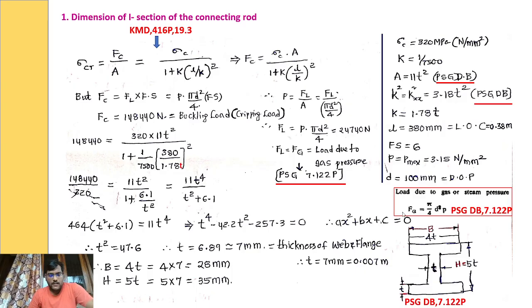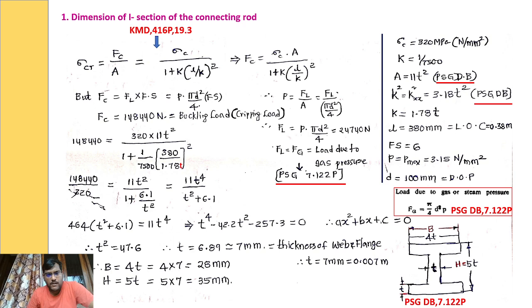See, this is the cross section of the connecting rod. Here you have to find out the width, height, and thickness. So for that you have to use the buckling load formula.